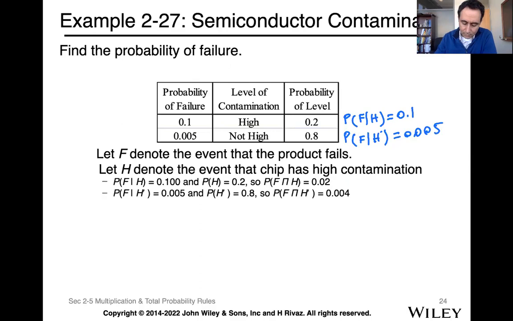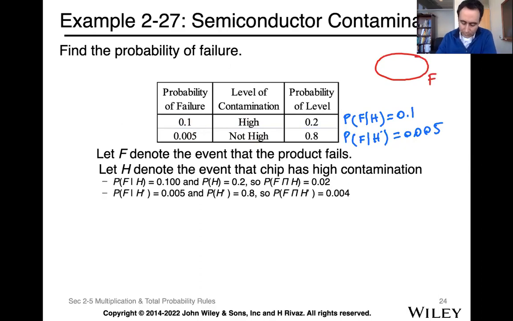The question wants the probability of failure, right? So remember here, we have probability of failure given high and probability of failure given low, but we are interested in an overall probability of failure, right? So we use the equation from the previous slide. We say that, okay, this is failure.